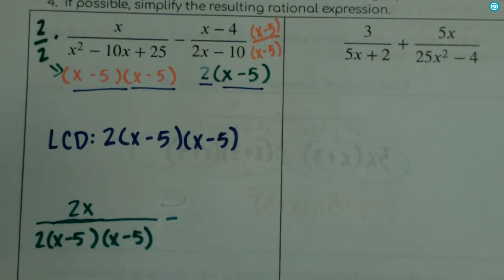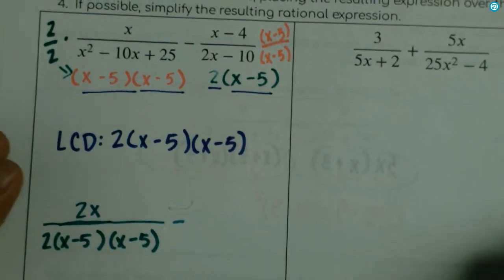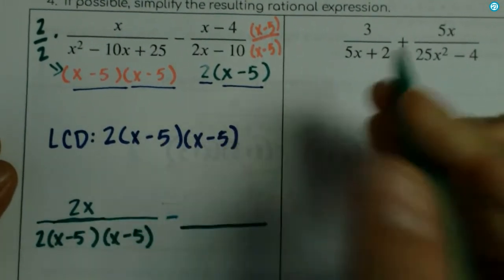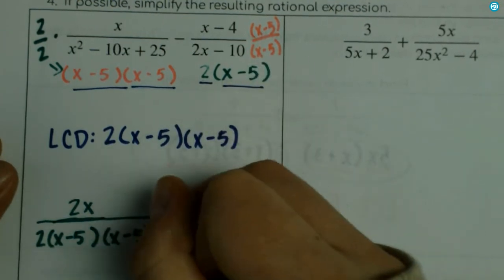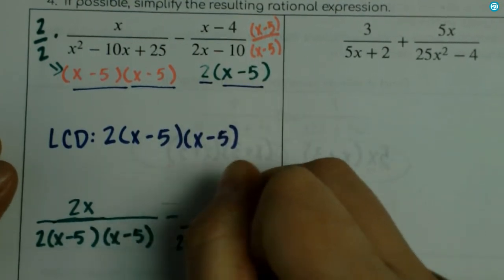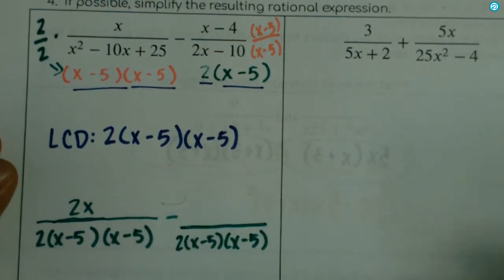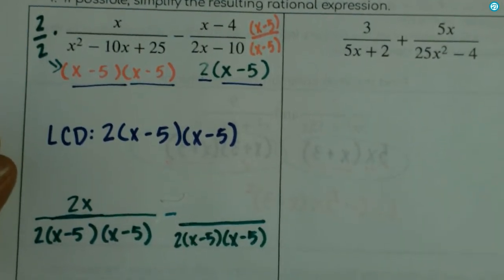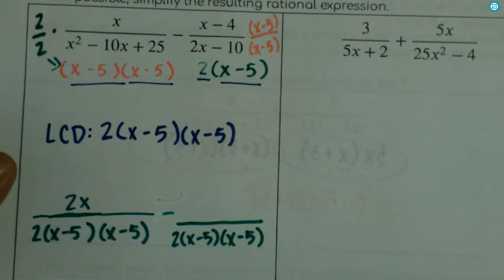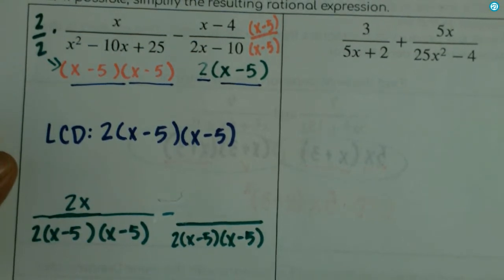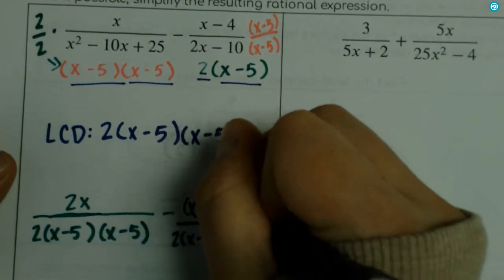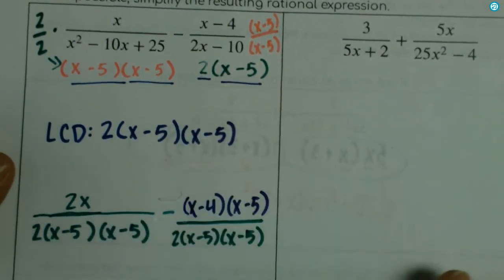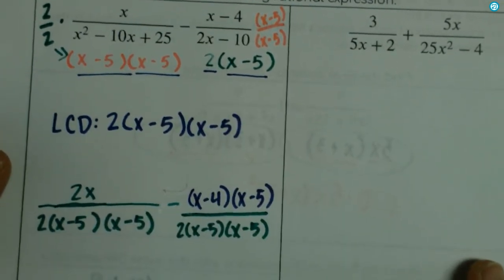So now, for my second fraction, I have the denominator I want, the 2 times x minus 5 times x minus 5. And then on the top, I've got x minus 4 times x minus 5, and I'll need to multiply that out in a second. Make sure you keep those parentheses around.